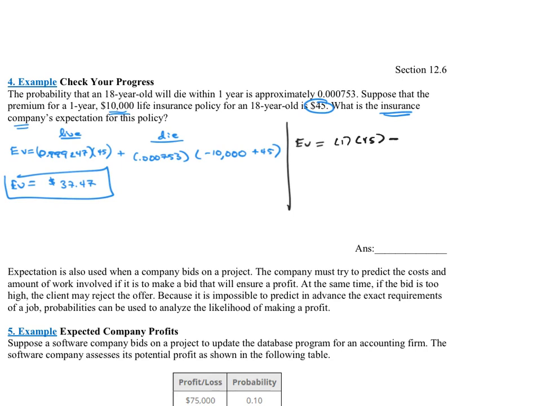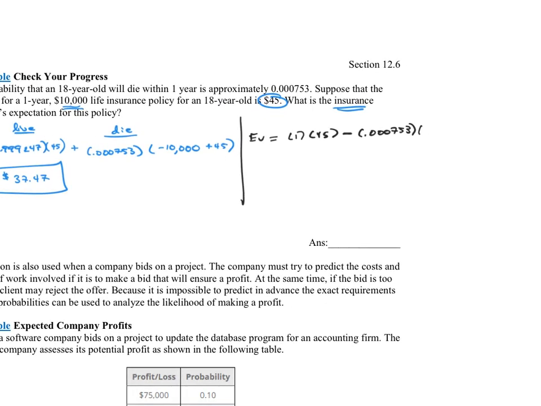They have a loss of $10,000 with a probability of 0.000753. That's the probability that they lose money, and the amount that they would lose if they did lose money would be $10,000. So I'm using the subtraction for the loss. I could have used addition here and put the negative number on the 10,000. It doesn't really matter, but this always works as well.